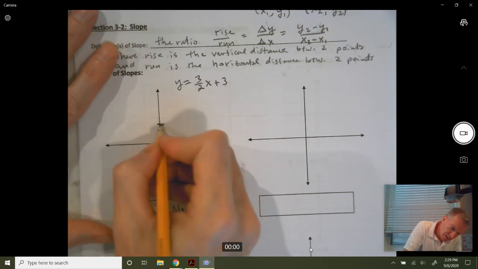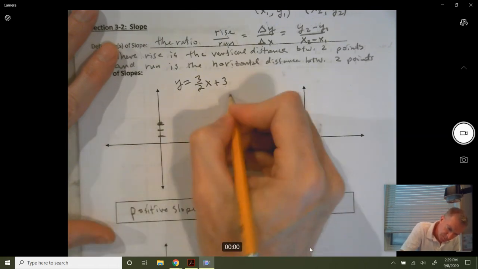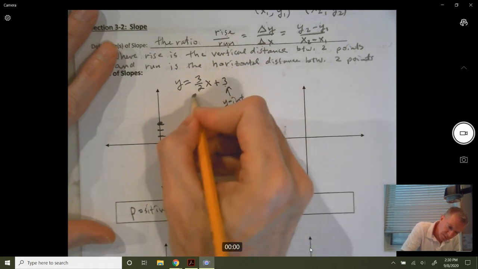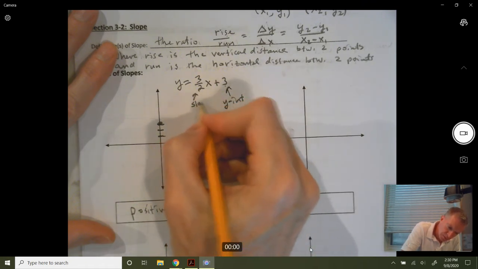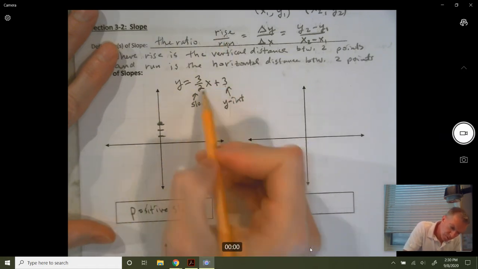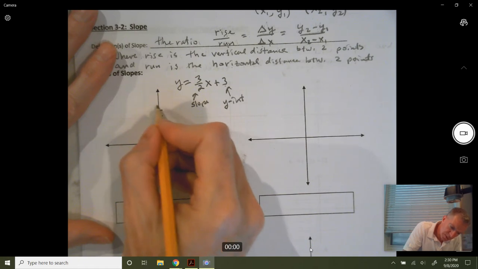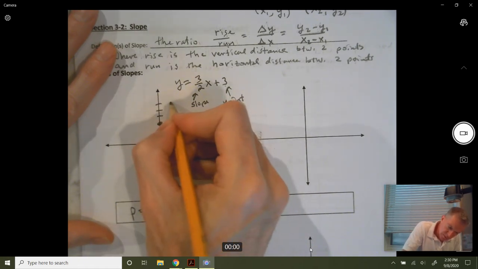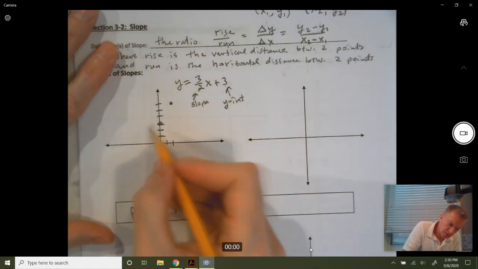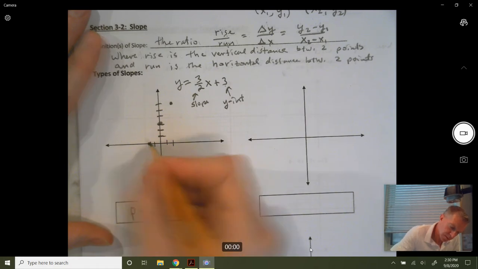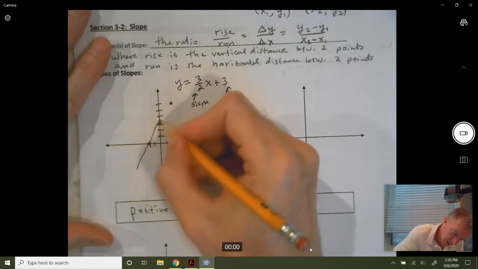That's your y-intercept, and this thing right here is your slope. So the rise is up 3 over 2. So 1, 2, 3, 1, 2. If you're going back the other direction, now you're going to go down 3 and left 2. And so there's your slope, positive slope.